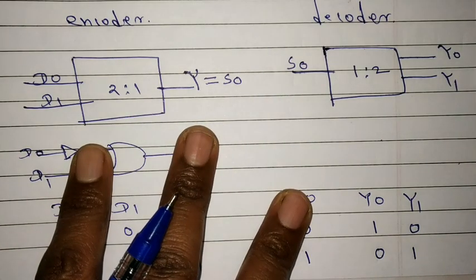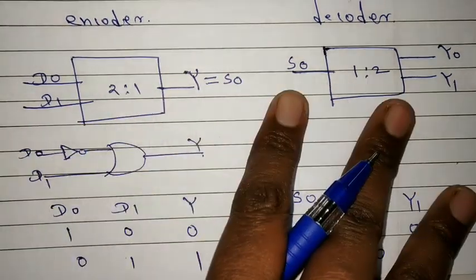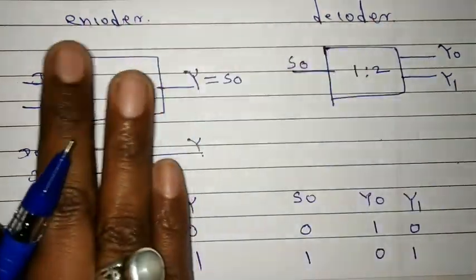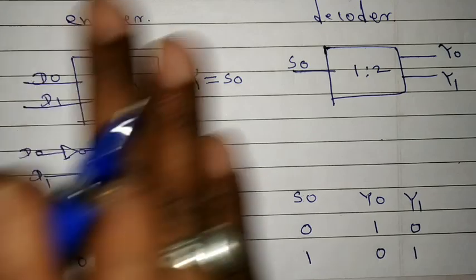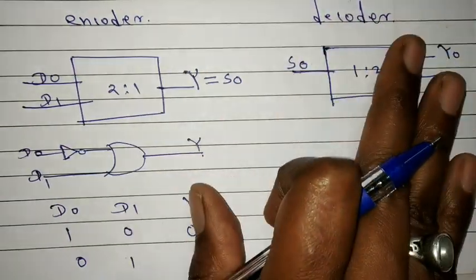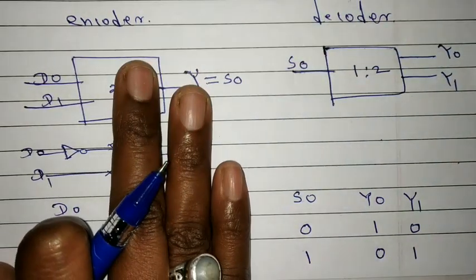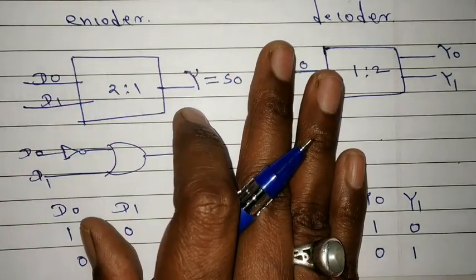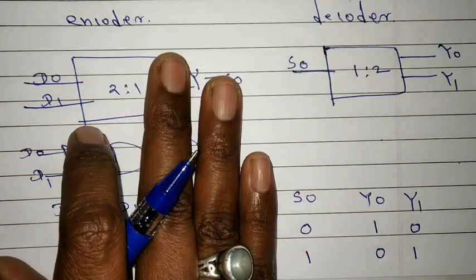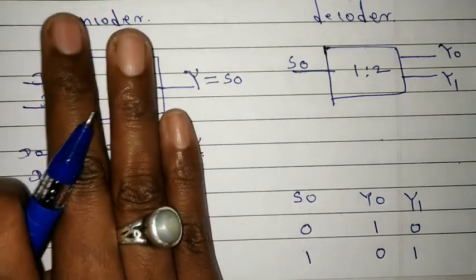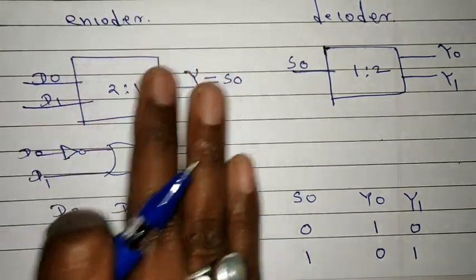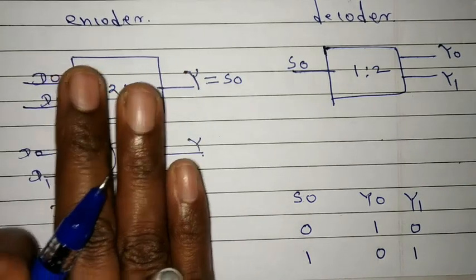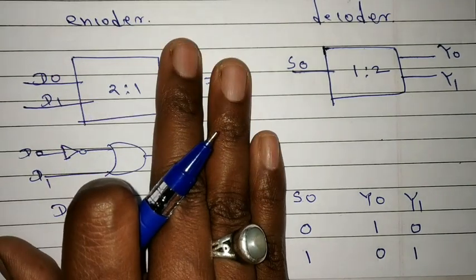Now, based on multiplexers and demultiplexers, other types are the encoder and decoder. The encoder is equivalent to a multiplexer, and the decoder is equivalent to a demultiplexer. But in this case, the input lines or output lines are absent. In detail, in the encoder, the output lines are absent and the select lines are considered as outputs.